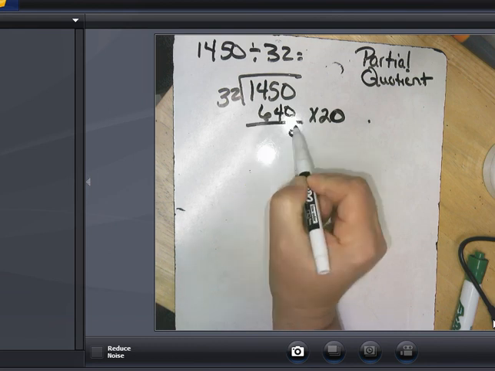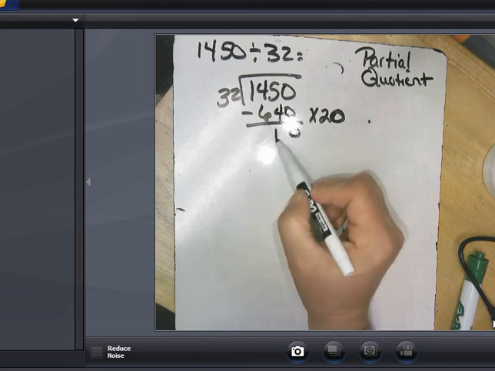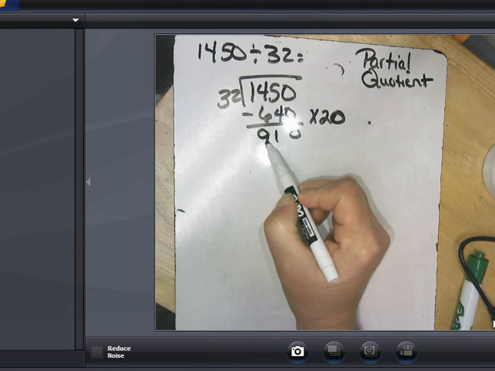I'm going to subtract that off, 1, and now I'm at 8.